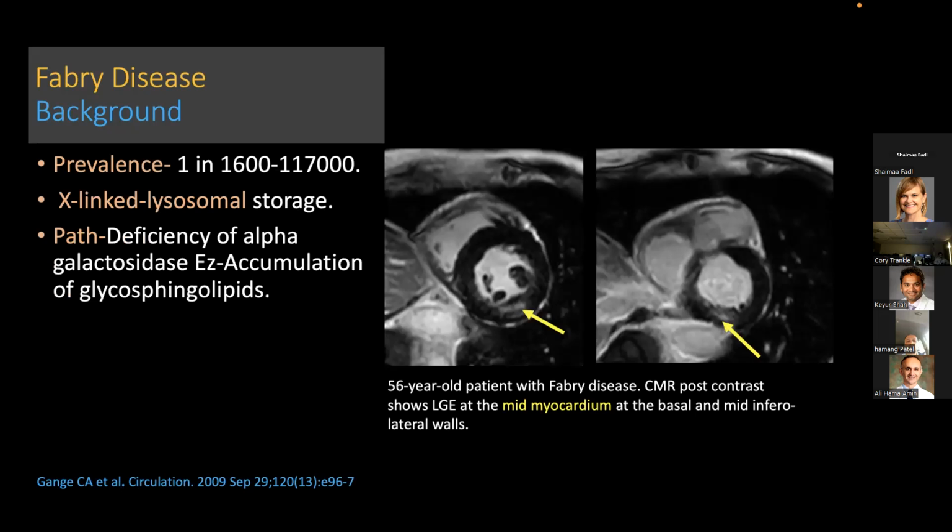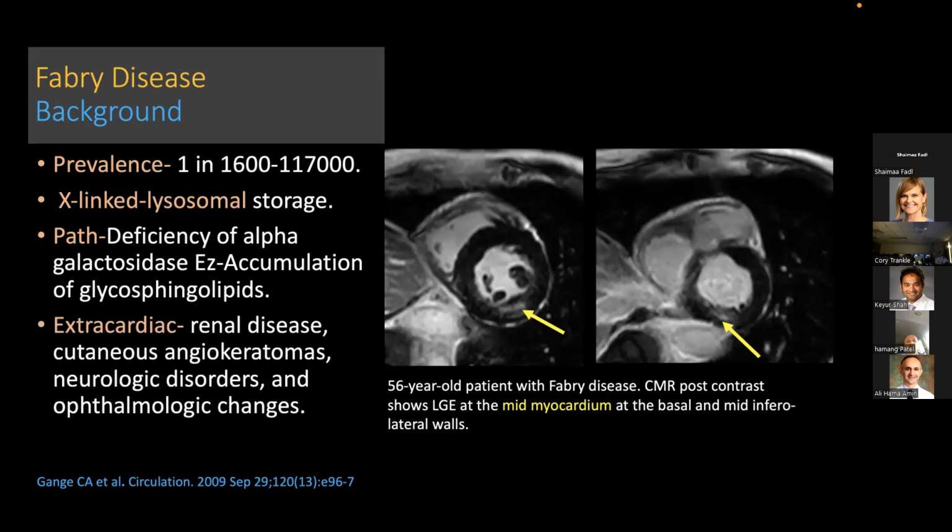Deficiency of the alpha-galactosidase enzyme leads to accumulation of glycosphingolipids within the myocardium. But it's also associated with extracardiac manifestations that we can pay attention to, like renal disease, cutaneous angiokeratomas, neurologic disorders, and ophthalmologic changes. So this is an example of a patient with Fabry disease with mid-wall LGE at the basal inferolateral wall.